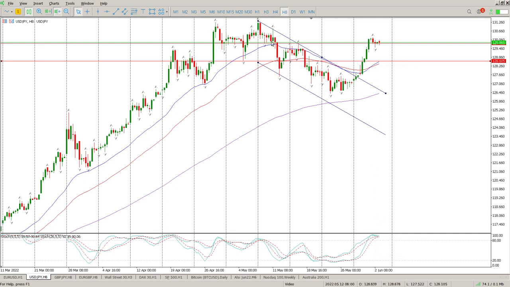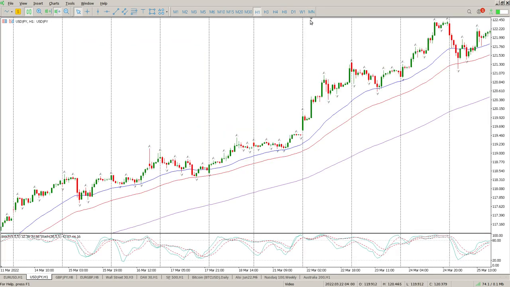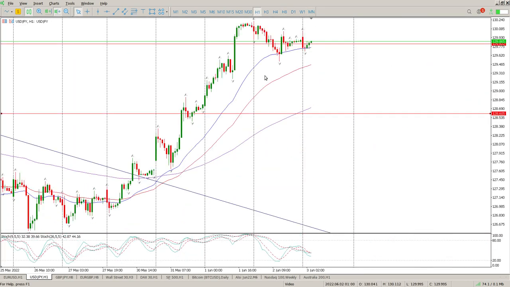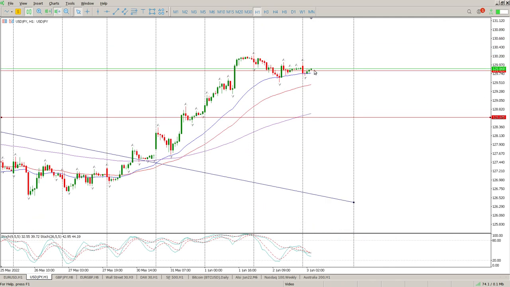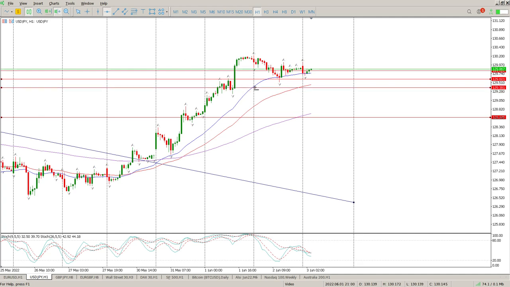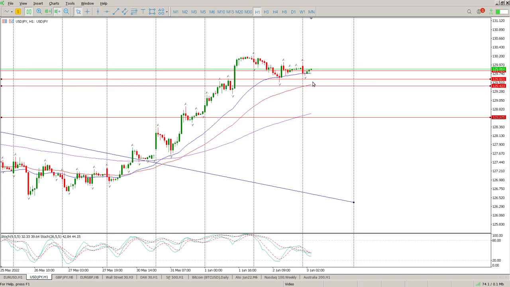Nothing really to write home about on the 8 hour. If we look at the 1 hour, you can see yesterday was pretty much a range day. Nothing really brewing there. There's three levels here, so this is kind of what I'd be paying attention to. So pay attention to the zone.